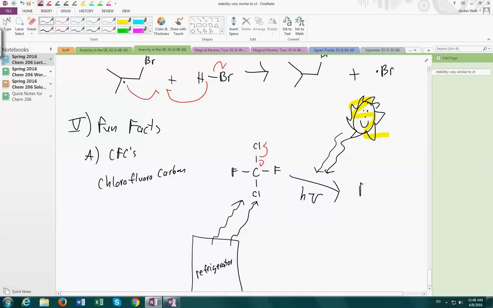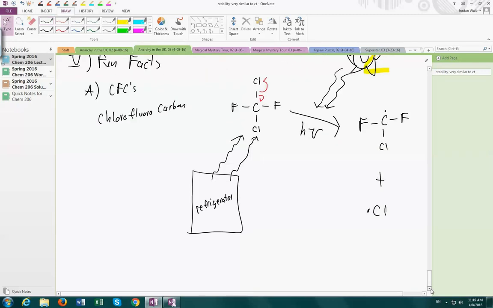And what we see is that we have this organic radical, which isn't that big of a deal. But unfortunately, we also generate this radical right here. And so what is that going to react with, you think? Uh-oh, yeah. Once we have ozone up there, we can form some species such as this radical, plus we can make some oxygen, which I guess isn't the worst thing in the world.